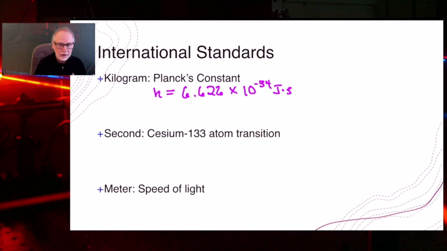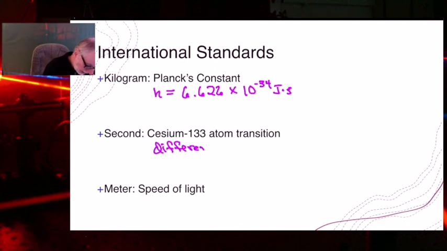And when we talk about the difference in energy between those levels, we can use that to define periods of time. I won't go into the details here. It's based on the hyperfine structure of the cesium atom, which is very rigorously and precisely defined. And so it is based on the difference between these energy levels.